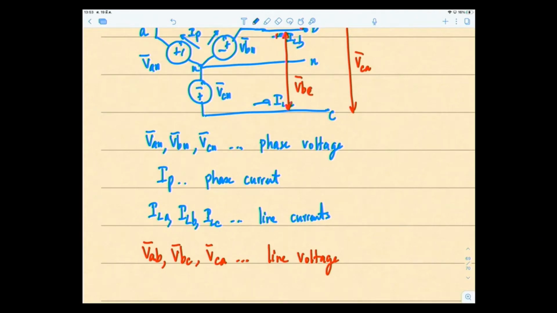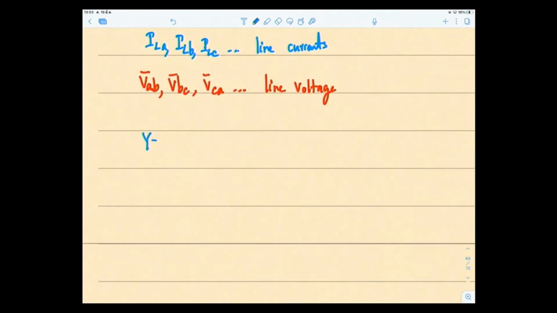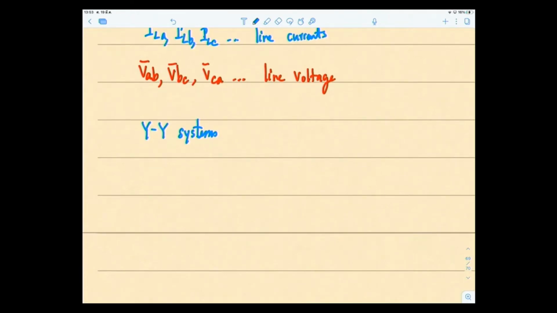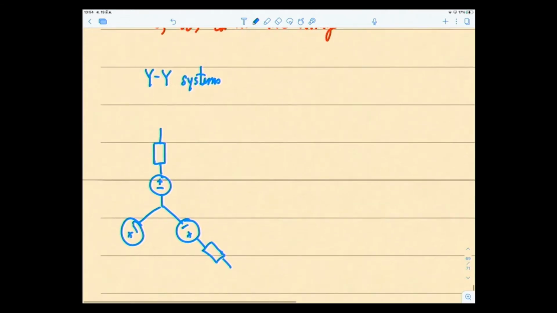In general, the YY system would consist of the following elements. So this is the source, and with the source there's an internal impedance.